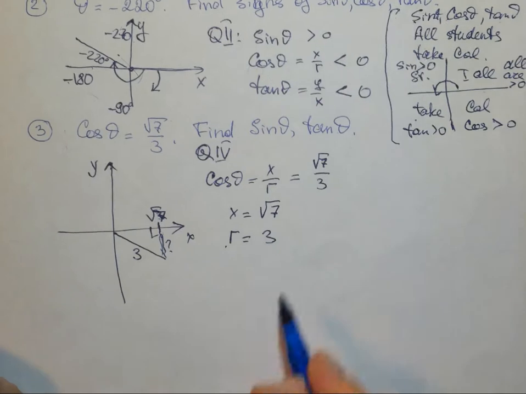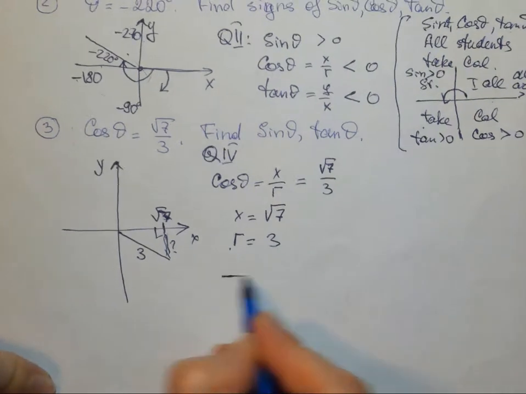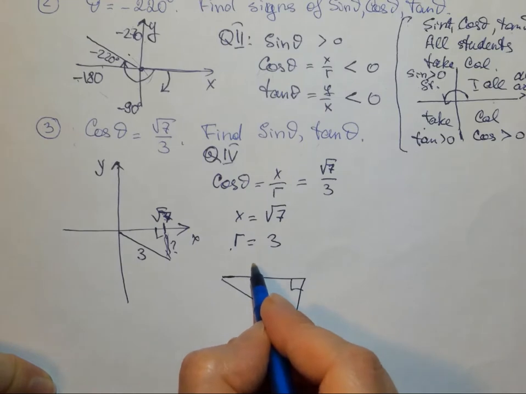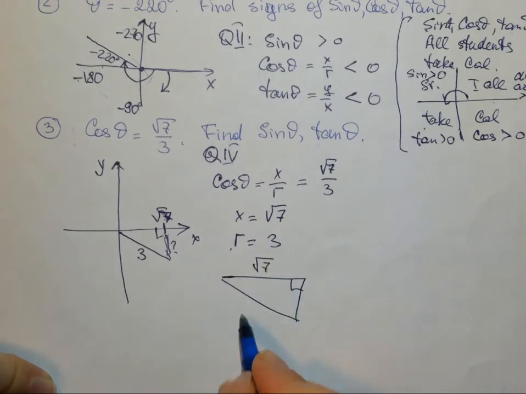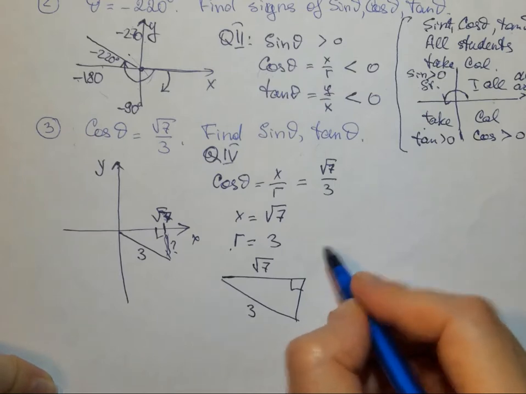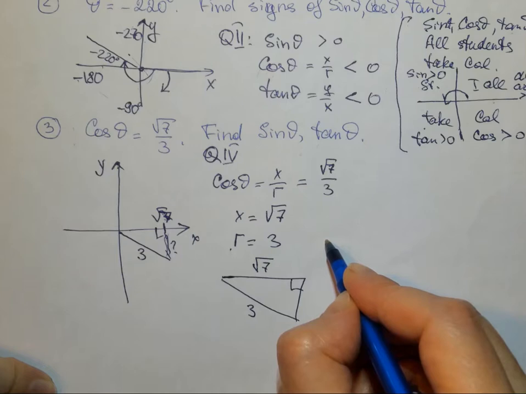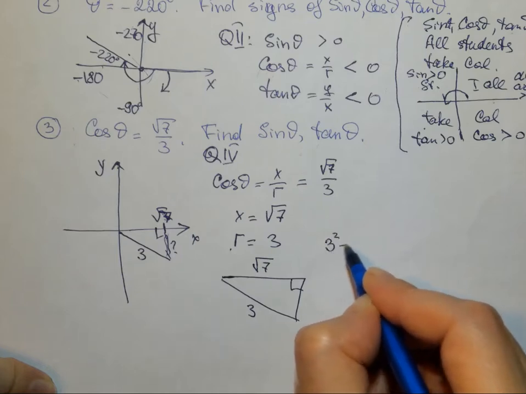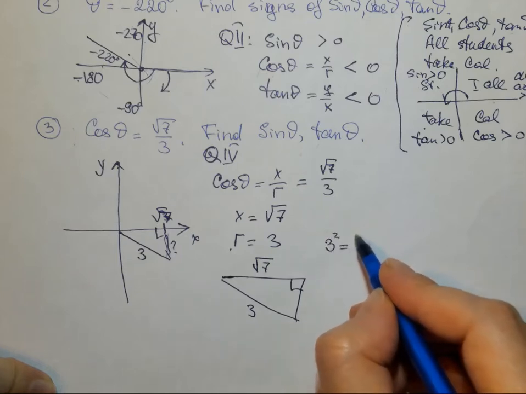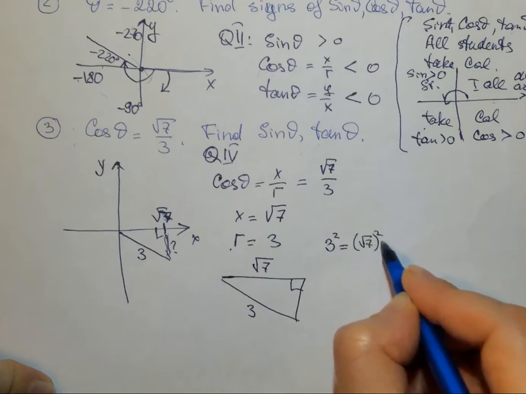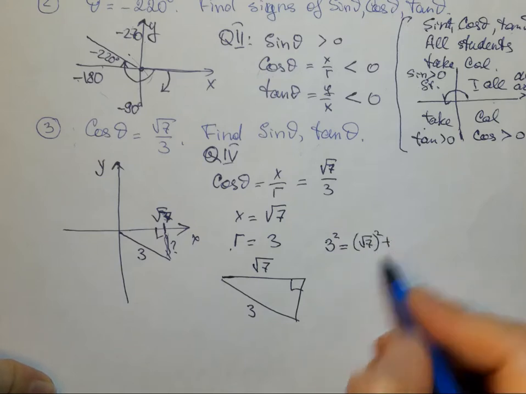For this right triangle, we know that one leg is square root of 7 and the hypotenuse is 3. We can write the Pythagorean theorem: hypotenuse squared, 3 squared, equals first leg squared, square root of 7 squared, plus second leg squared.